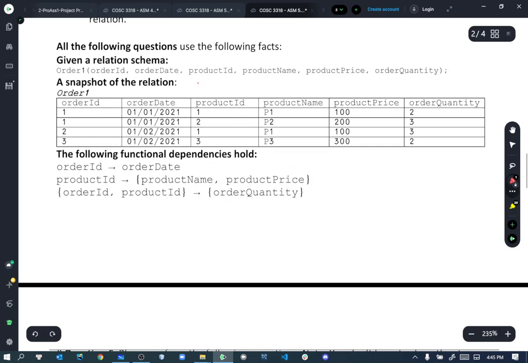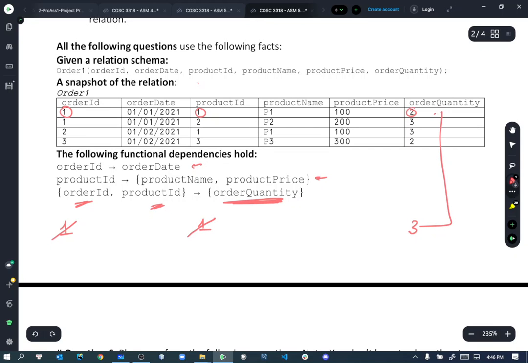Then this is given. But also, given one order ID for one product, you can find only one quantity. If given the same order ID for the same product, I buy 3 more, I should not have a new line.